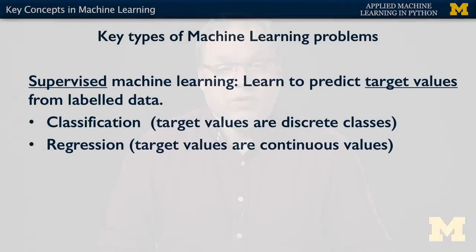Machine learning tasks, including the ones I've described as examples, credit card fraud detection, movie recommendation, speech recognition, and so on, can be categorized into two main types. The first type is known as supervised learning. And here, our goal is to predict some output variable that's associated with each input item.